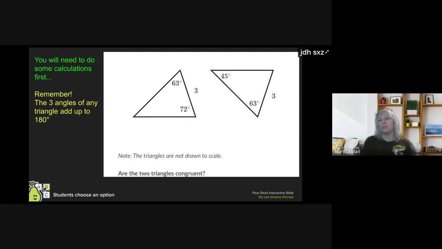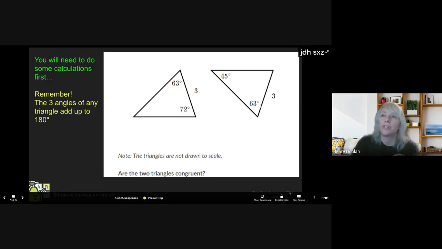We're given two pictures here. One of the triangles, we can see we have a side length of 3, and we also have the degrees of 63 degrees and 72 degrees, and the side length of 3 that connects those two angles. Over here, we have 63 degrees, side length of 3, and then 45 degrees up here.